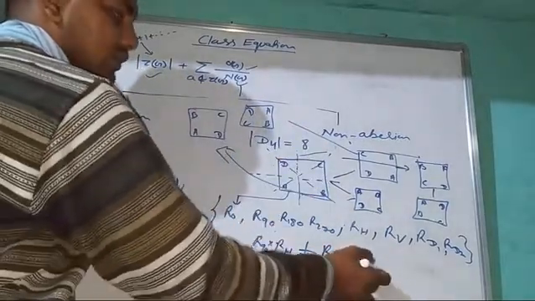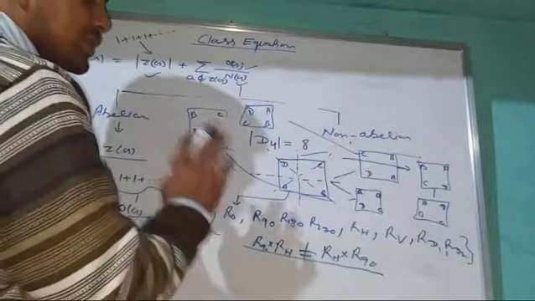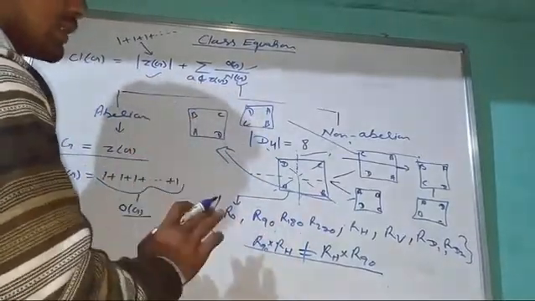It means this does not satisfy commutativity, and this group is not an abelian group. This is a non-abelian group.